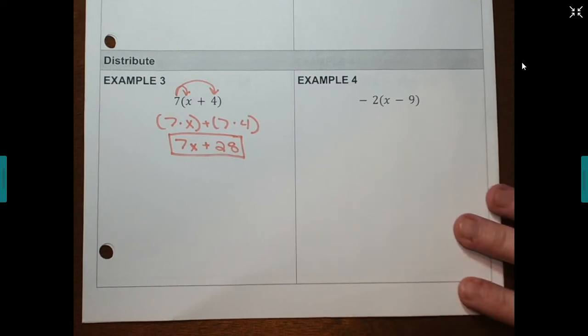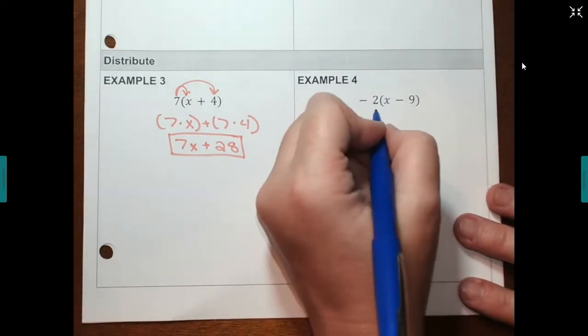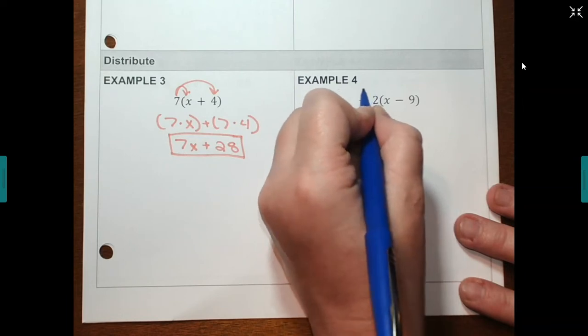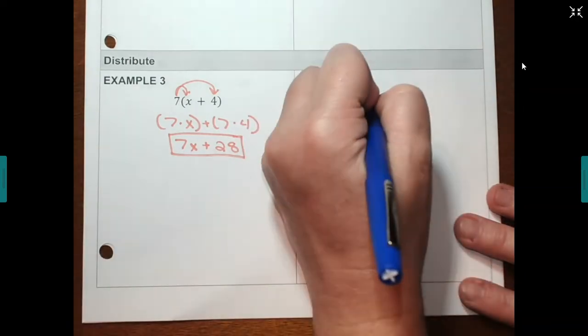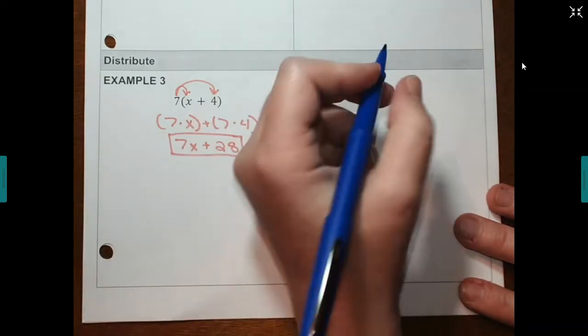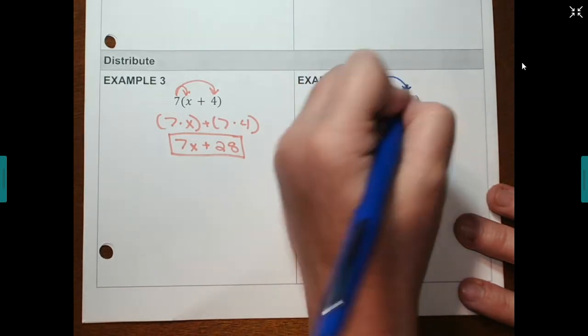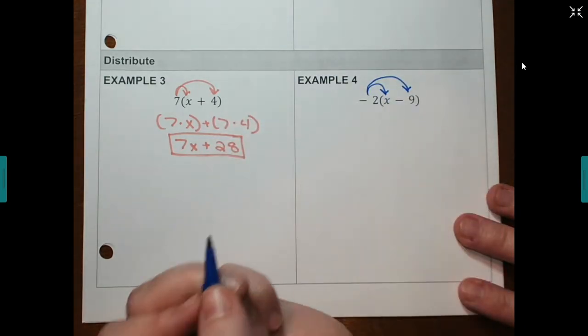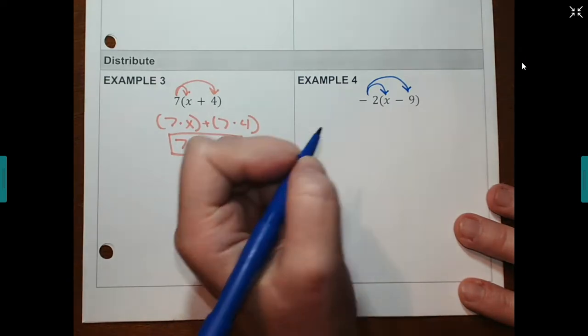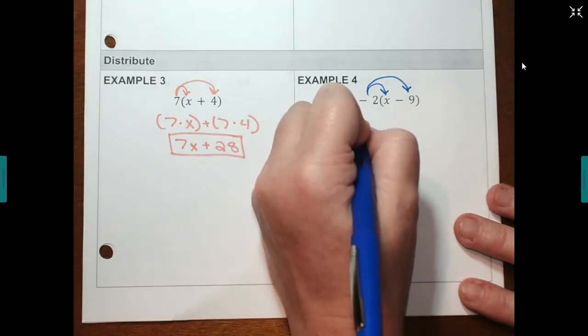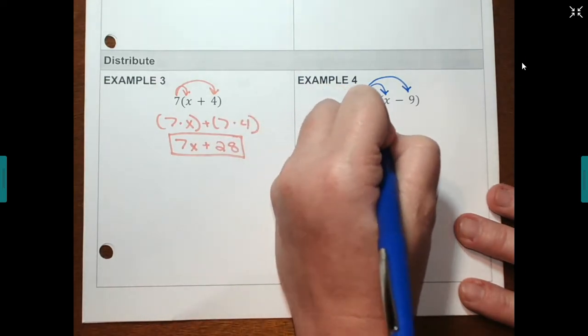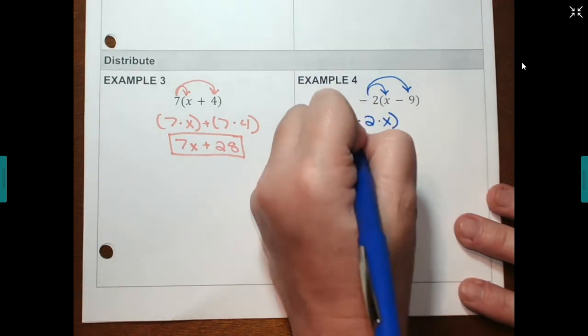And our last example here, distribution. I want you to pay attention, this is a negative 2 that has to get distributed. So it's a negative 2 times x, and it's a negative 2 times negative 9. So this is why it's important to start writing these things out in these steps. Negative 2 times x.